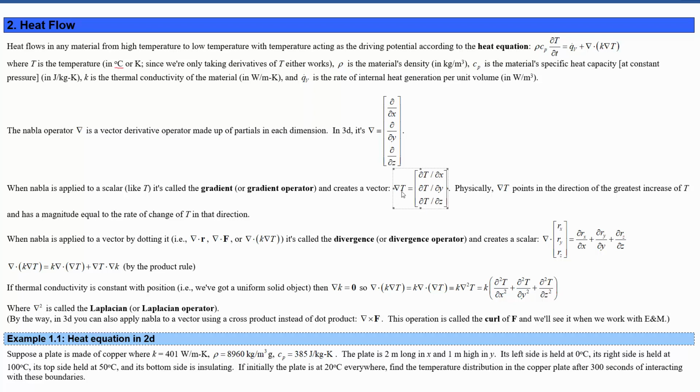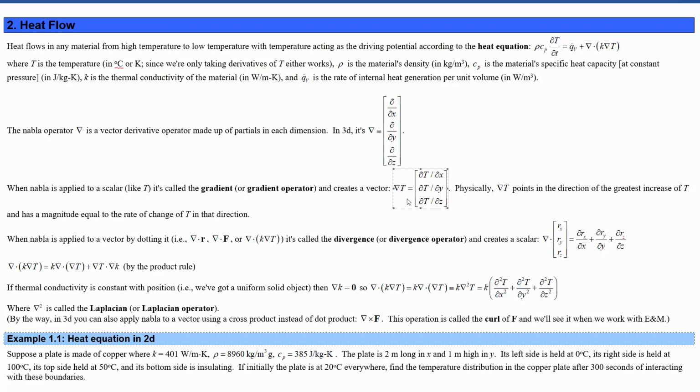So if we're talking about temperature here, then maybe near a stove element, the gradient vector of the temperature would be a vector that points towards the element, because that's the way we would want to go to increase the temperature the fastest. We probably don't want to go that way because that sounds dangerous, but the gradient would point in that direction. The greatest rate of decrease is negative the gradient.